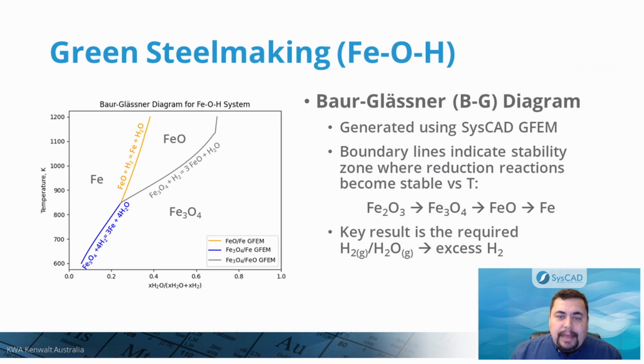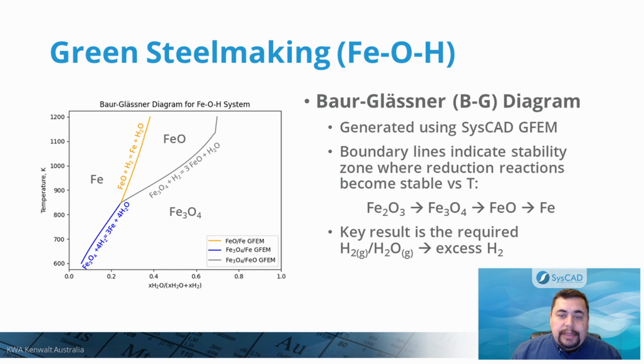When looking at direct reduction of iron oxides at relatively low temperatures, say below 1200 degrees Kelvin, the Baur-Glaessner diagram shows the boundary lines where the reduction of the various oxides takes place as a function of the gas composition. More specifically, as a function of the fraction of water vapor over the hydrogen and water vapor content.